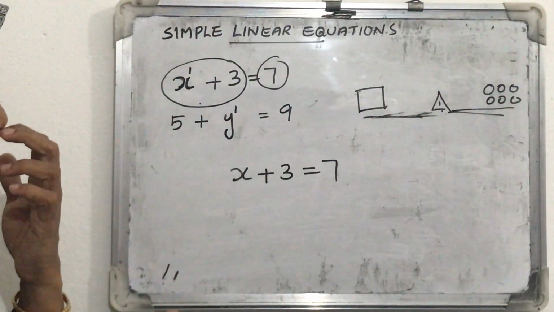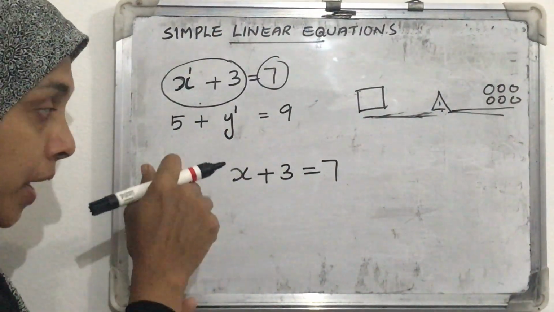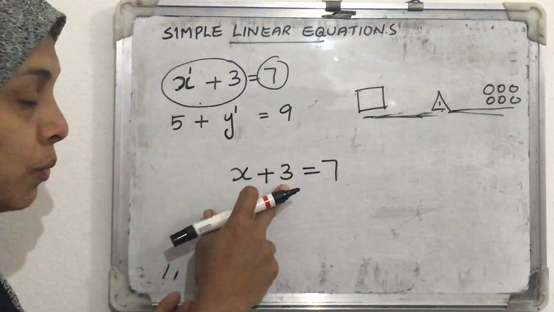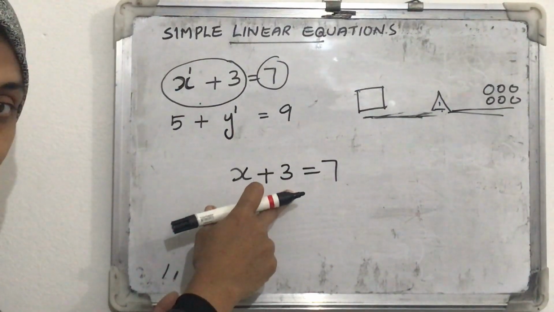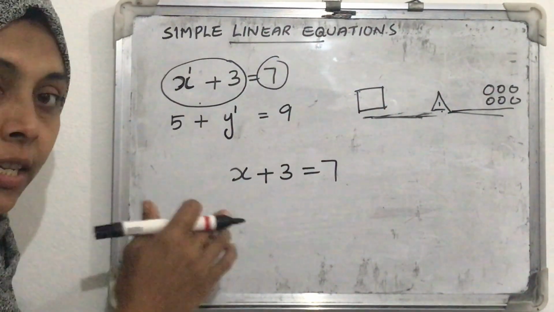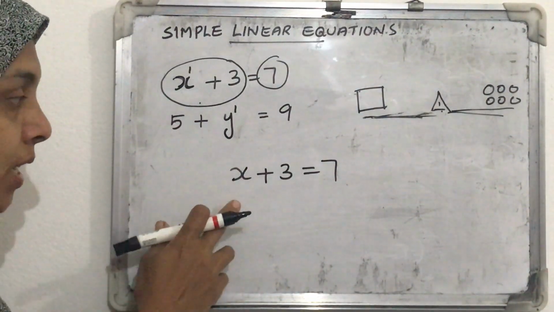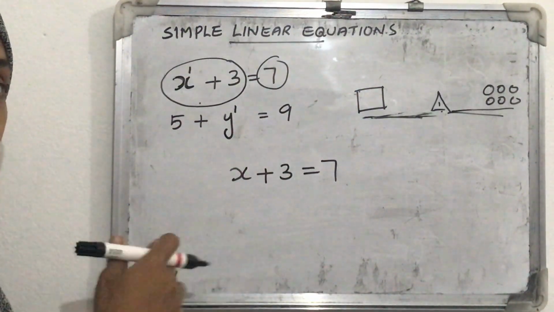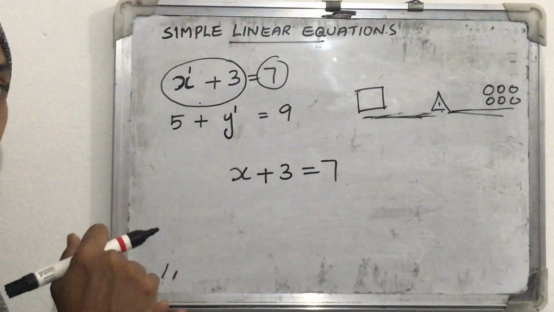For finding the unknown, we want to remove this 3. When we remove 3 from this side, we can find the value. Now it is x plus 3 equal to 7, and from that it is difficult to find the value.